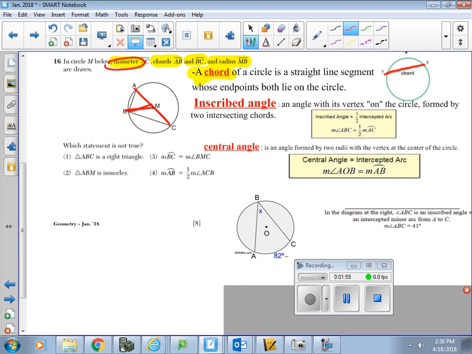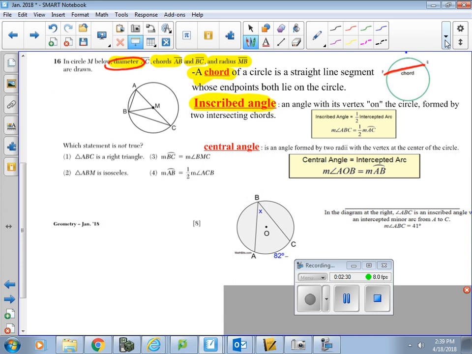All right. Now, a couple things that you're going to need to know. What is an inscribed angle and what is a central angle? Because as you look at this diagram, there are inscribed angles and there are central angles. So an inscribed angle is an angle with its vertex on the circle. So for example, let's look at one of these that is an inscribed angle.